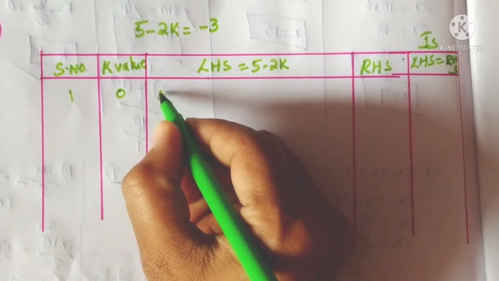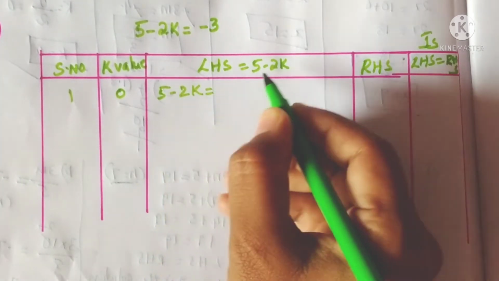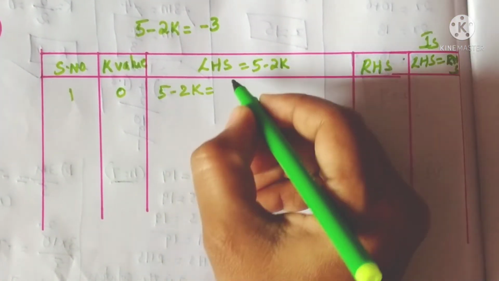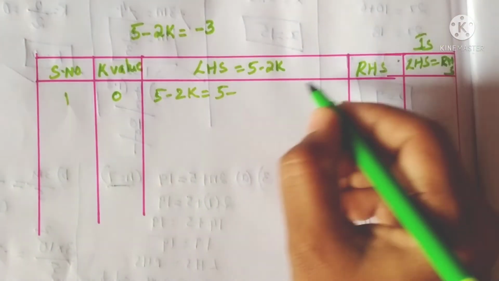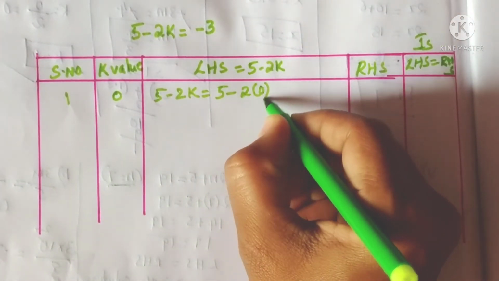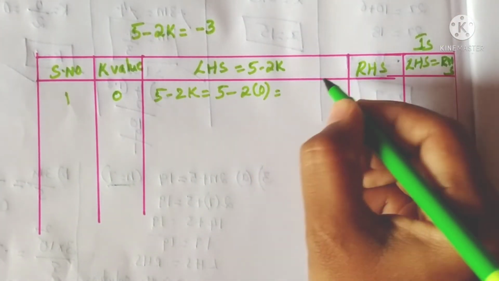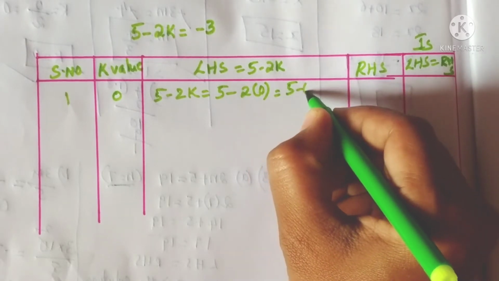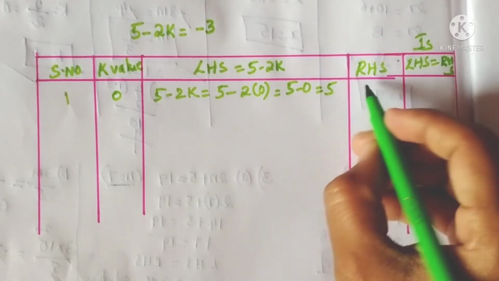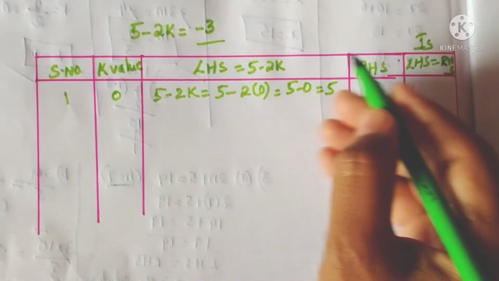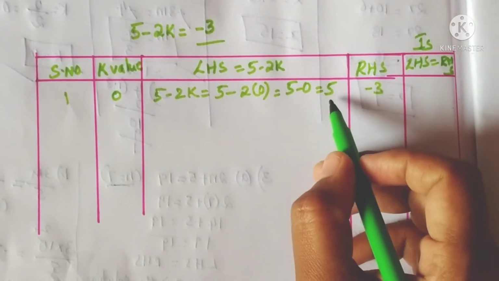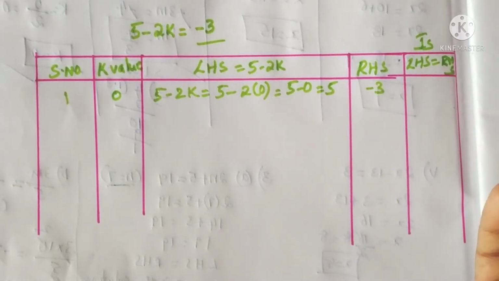Here LHS is 5 minus 2k. So if we substitute 0 in the place of k, 5 minus 2 into 0. 2 into 0, 0 only. So 5 minus 0 means 5. What is RHS we have in the problem? That is minus 3.